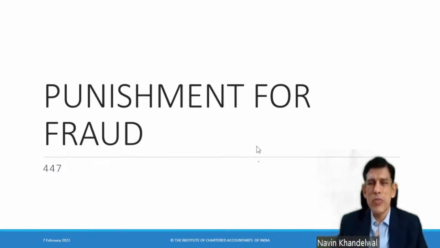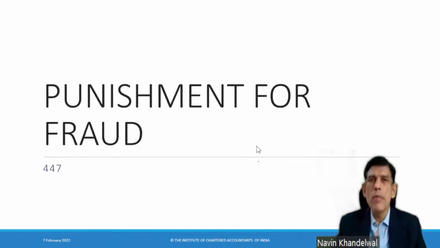Probably this is one section where people are always worried, because of which everybody is always on their toes in terms of compliance, ensuring the running of the business operations in a proper manner, which has at least indirectly increased the stakeholders' confidence in the companies.